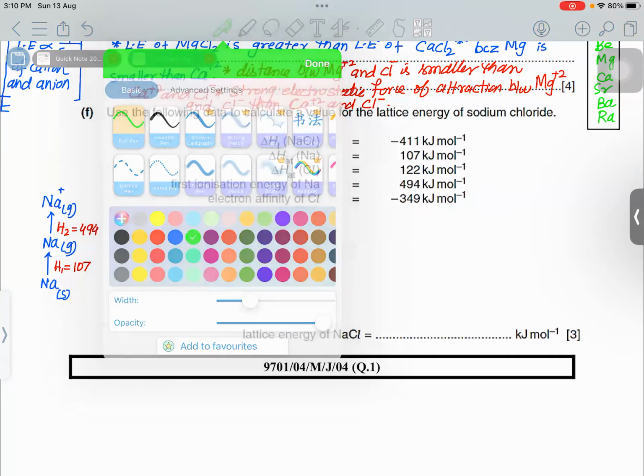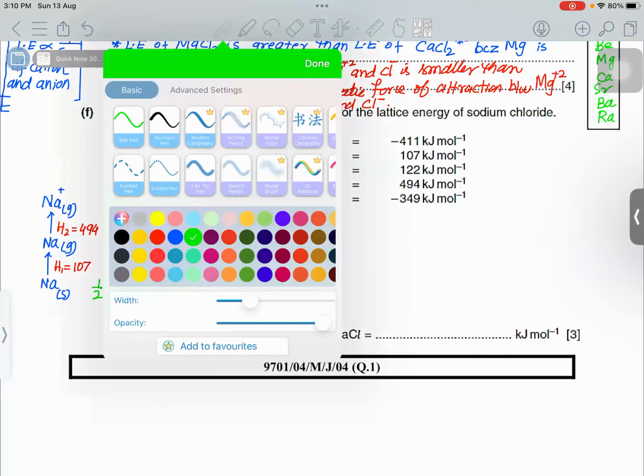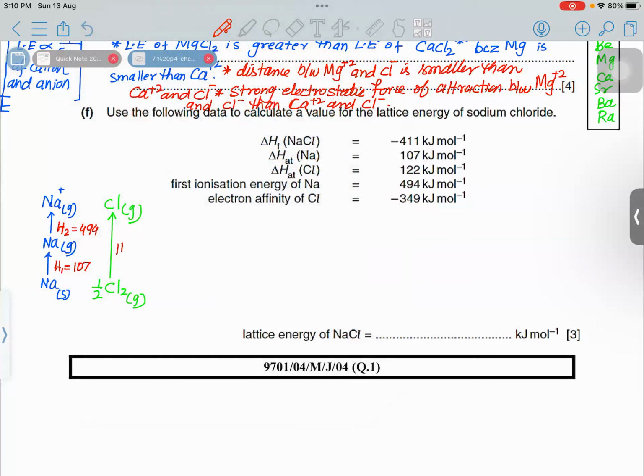Now next, chlorine, Cl2 gaseous. So you need only one, so divided by 2. Cl gaseous. Can you tell me the name of this energy? So atomization of chlorine.